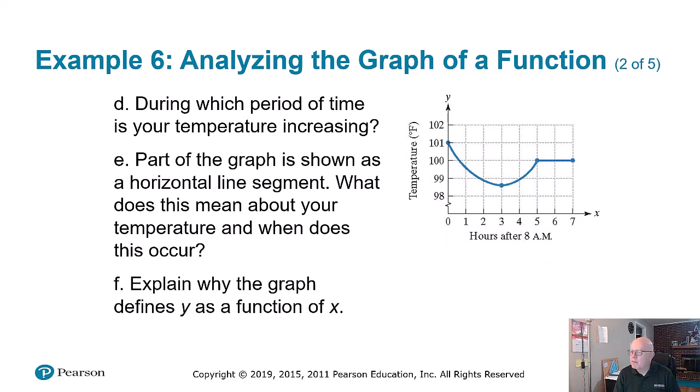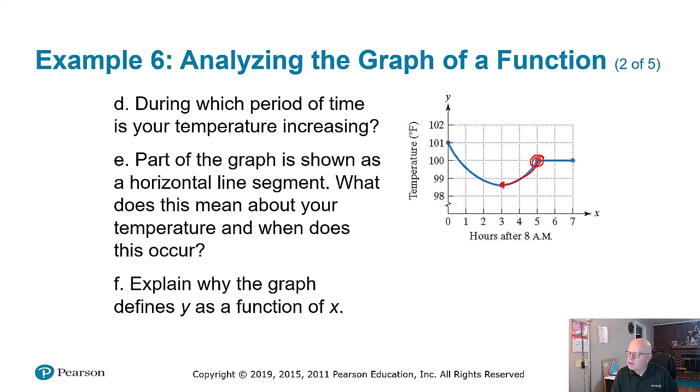During what period of time is the temperature increasing? When is it going up? Well, here's the low point. It's going up until it hits 5 hours after 8 a.m. And there's your most increasing. From here to here, the temperature is going up.